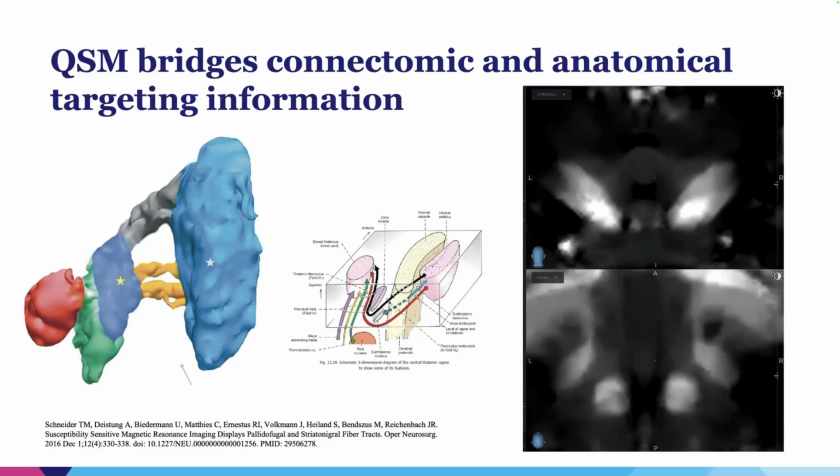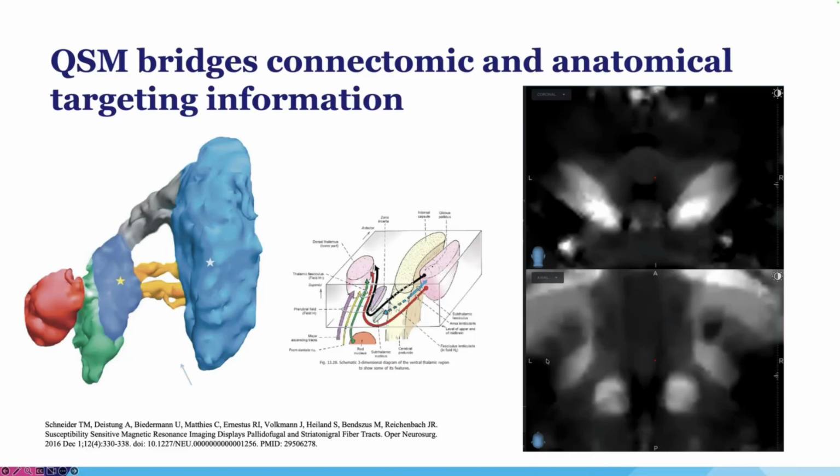But from a more gross standpoint, you can see fiber tracks with the QSM itself. And so QSM bridges the connectomic and anatomical targeting information. Can people see this pointing here as I play with this? Yes, we can. Great, terrific. So you can see in this axial plane the ansa lenticularis as it curves around the internal capsule.